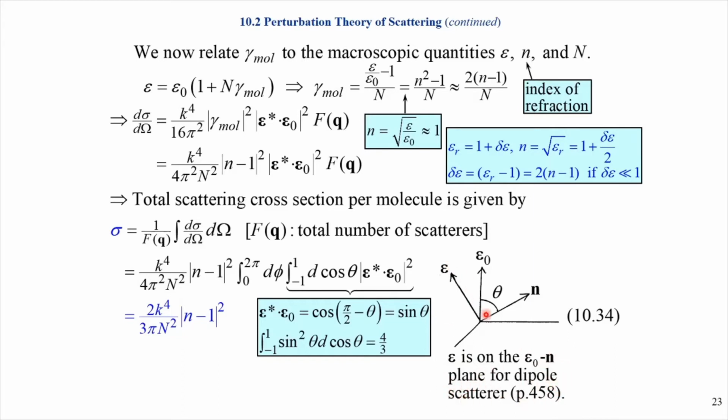We used this definition already. Okay, so everything looks good, reasonable. So eventually, sigma is proportional to k to the 4th, and these two. Okay, reasonable. Okay, what else?